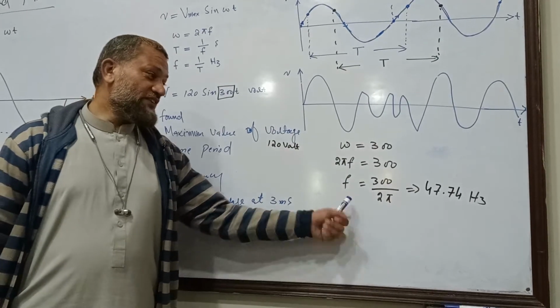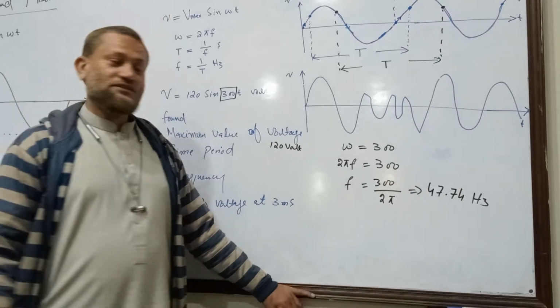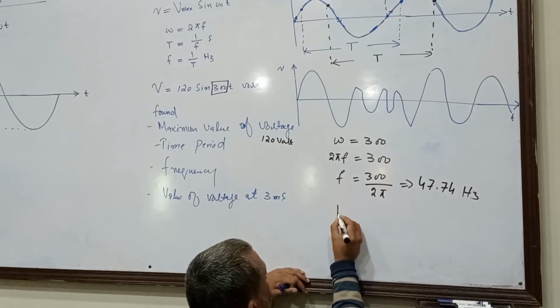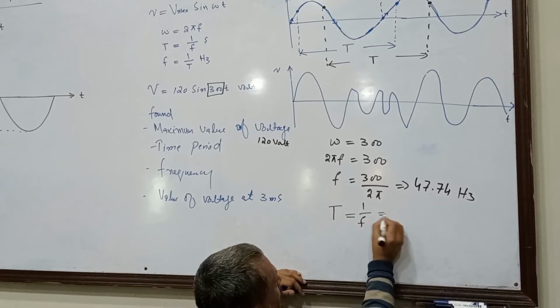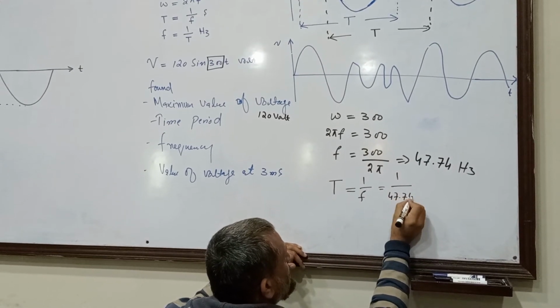So whenever you get the frequency, you can calculate the time period of this wave. Time period is equal to 1 over f, and how much is 1 over 47.74?